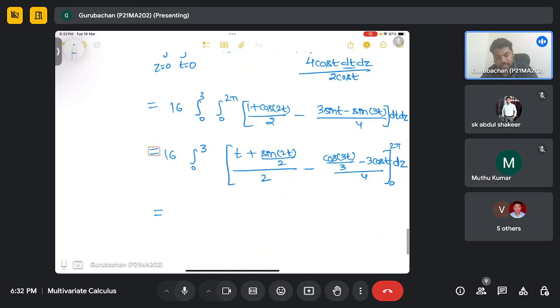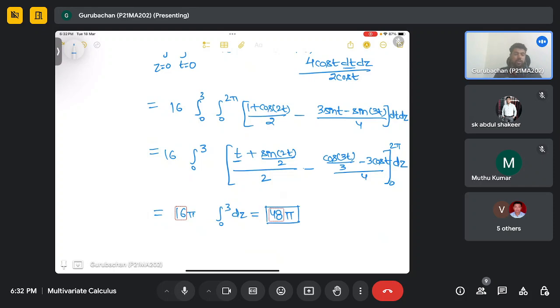Since sin t, cos t and cos 3t all have the same values at 0 and 2 pi, we can just deal with the expression t, and this will give us 2 pi divided by 2. This will give us 16 pi, and we are left with 0 to 3 dz. This will give us 3, and this is 48 pi.